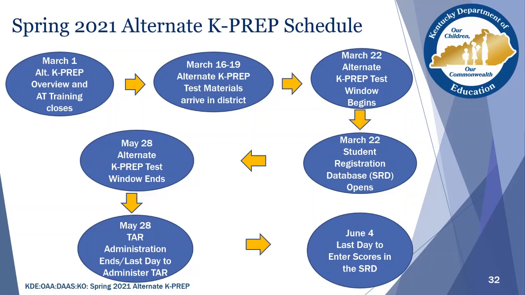Again, testing does not have to start on March 22nd, but must conclude by May 28th, unless an extension is requested from the Office of Assessment Accountability. The last day to enter scores in the student registration database will be June 4th. That's a hard date just because of getting information put together so that we can provide that to our data team to start compiling information as we move into the summer.